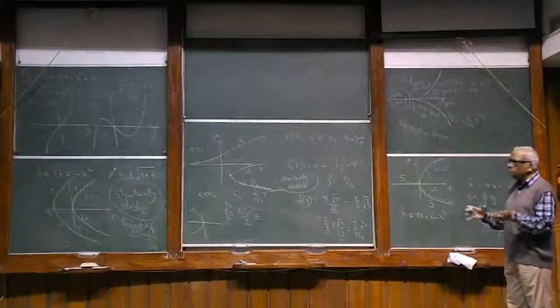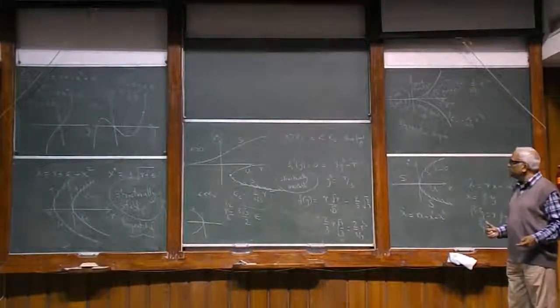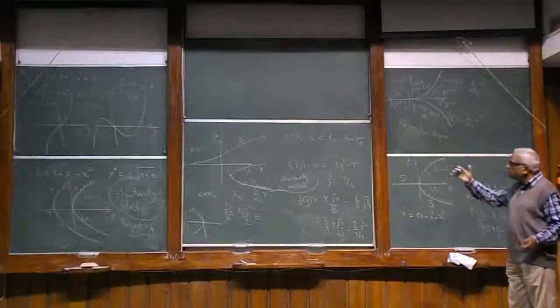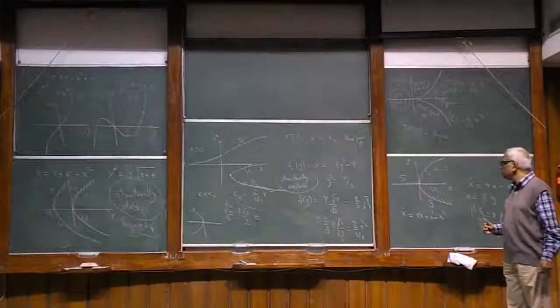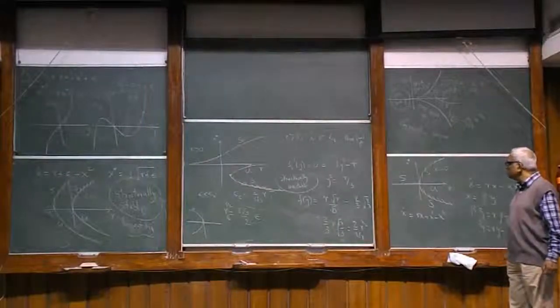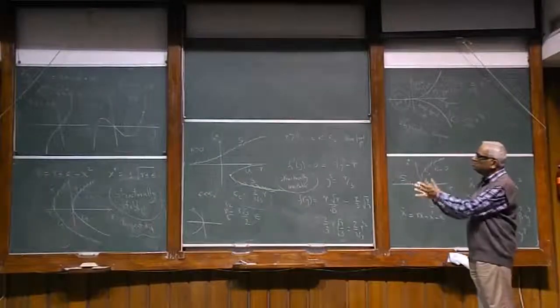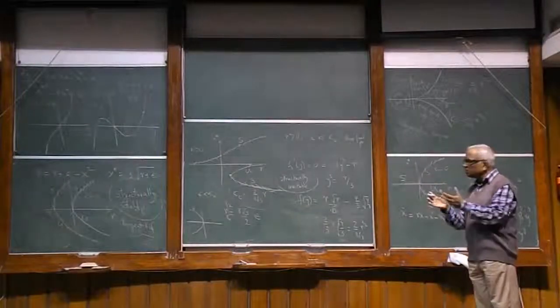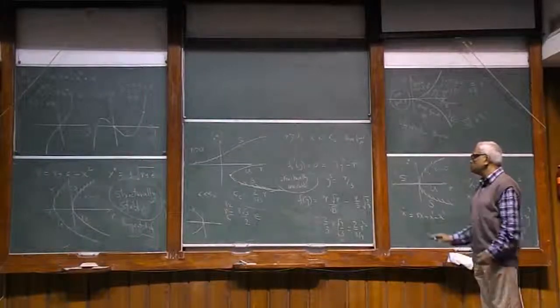So this question of tuning parameters to see the bifurcation becomes very important if it is transcritical or pitchfork. On the other hand, small changes in parameters keep the tangent bifurcation unaltered.